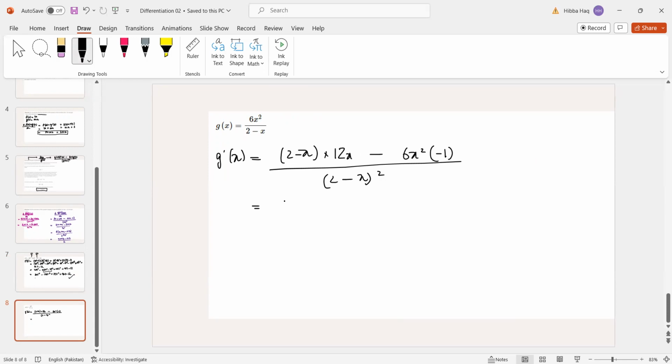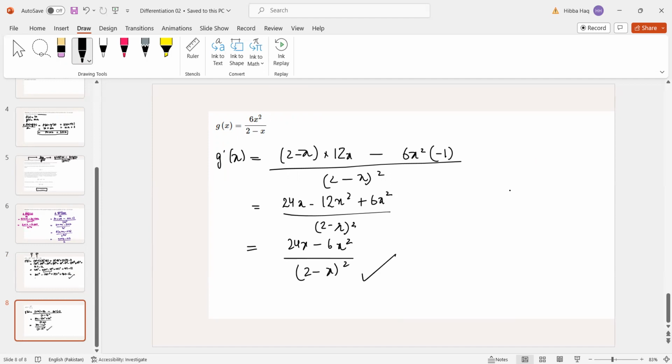Now this gives me 24x minus 12x squared plus 6x squared divided by 2 minus x whole square. That's going to give you 24x minus 6x squared divided by, you can just leave it as 2 minus x whole square. And that's going to be your final answer for the quotient.